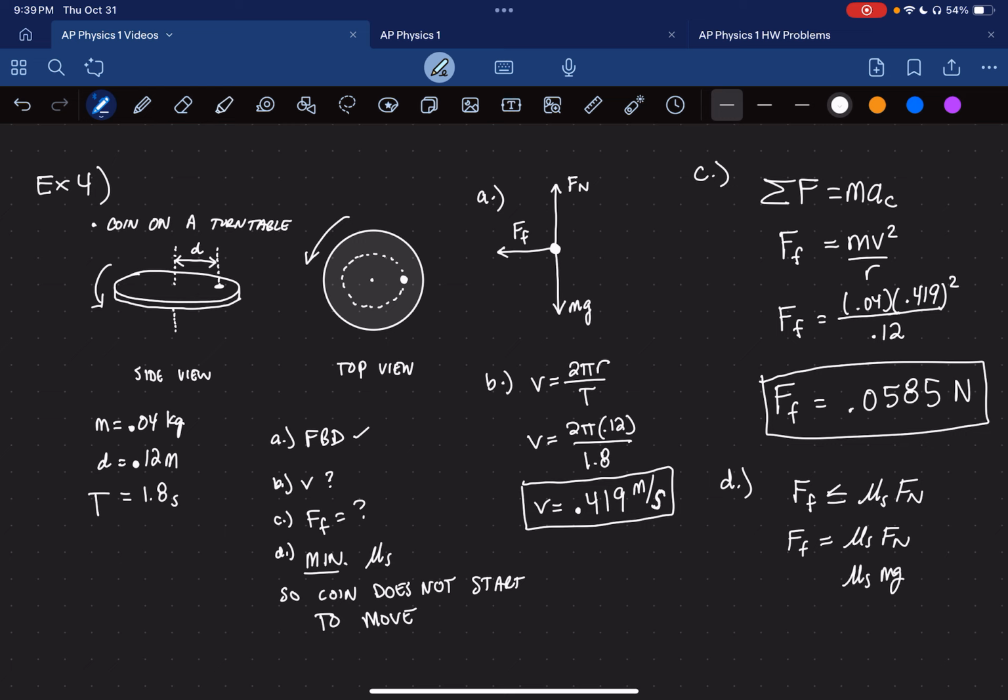So this becomes a very simple calculation here. We just need to take the friction force over mg to give us mu sub s. We just divided both sides by mg.